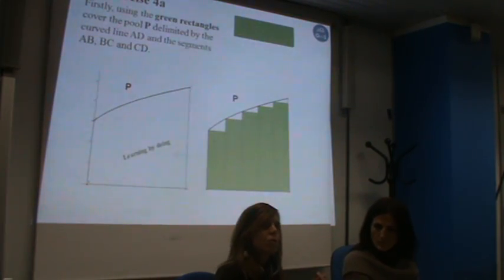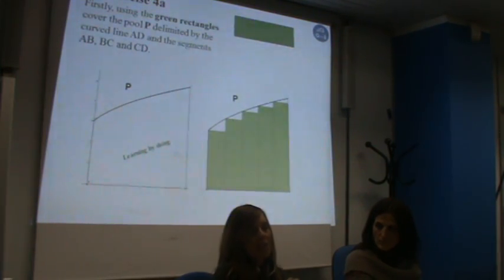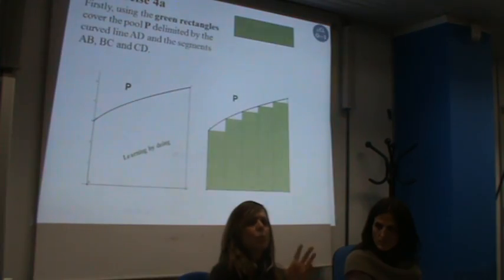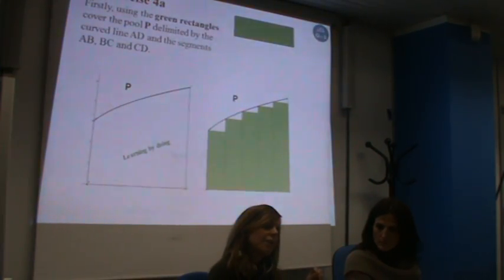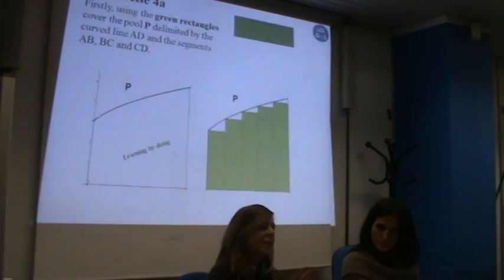And when they use the blue ones and the red ones, they have an approximation by excess. So they can deduce that the area is between the green and yellow rectangles and the blue and red rectangles.